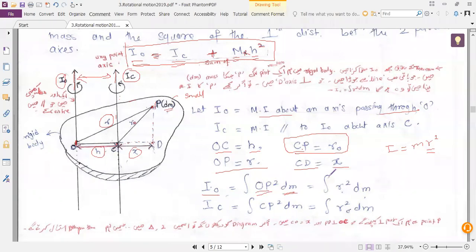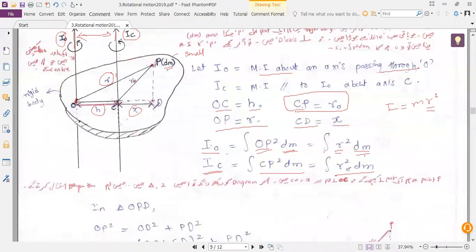In inertia, we represent this by integration. Remember this part. OP is nothing but r, so the value of IO is integral of r square dm. Similarly, for IC, CP into mass, so CP square dm. CP is nothing but r0, so IC is integral of r0 square dm. Remember this part because we will put it in the equation.